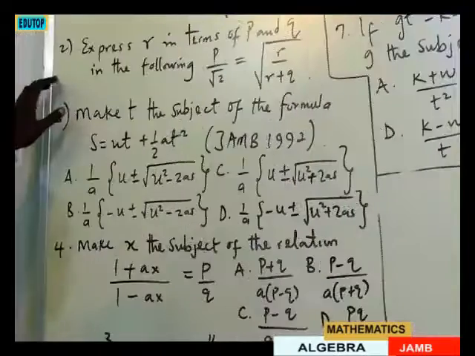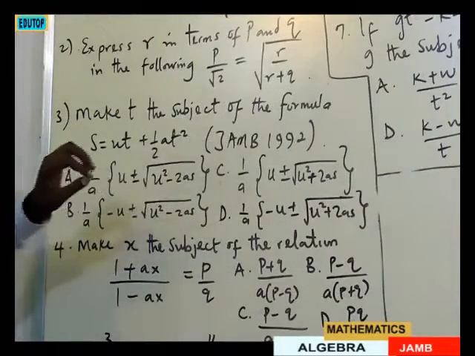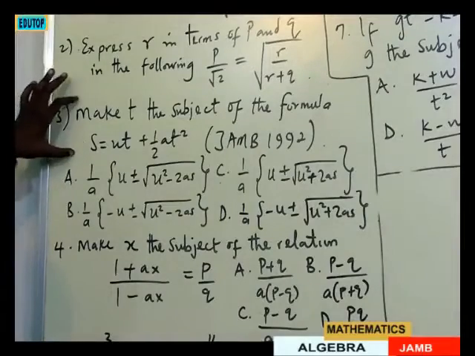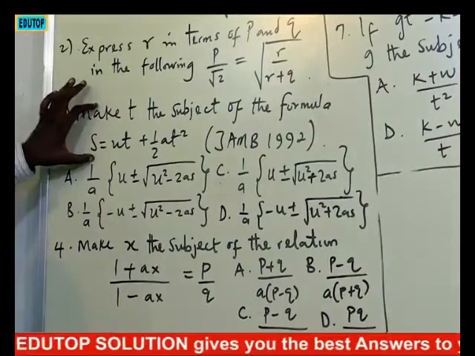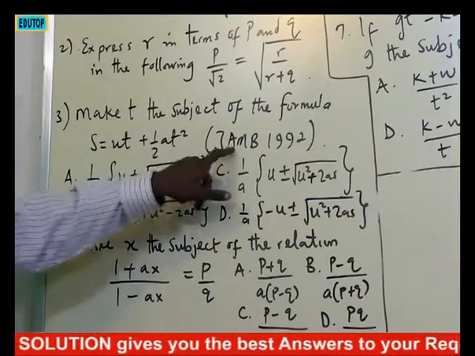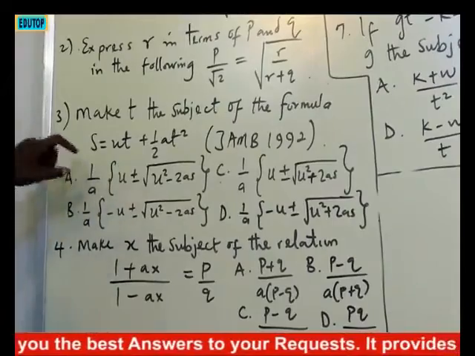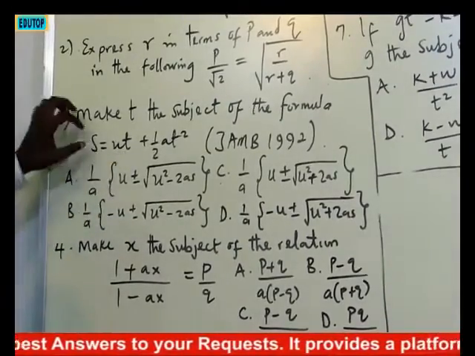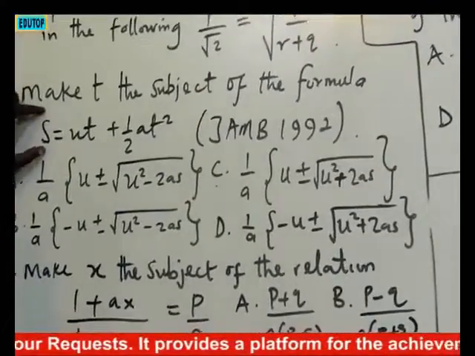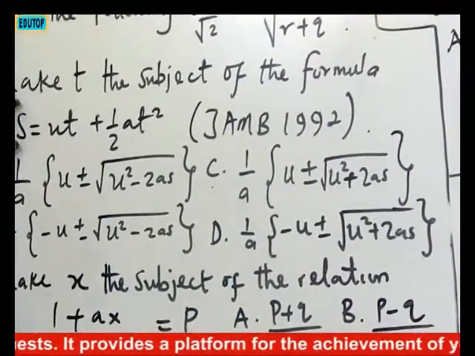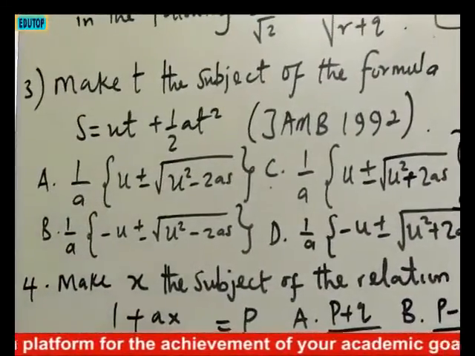To question 3. In this question 3, make t the subject of the formula. The first thing you need to note here is that they often or frequently test this question, and you can see JAMB 1992. They often test it because of the complexity and the technicality involved. Look at the question closely. You discover that this equation is one of the equations of motion.